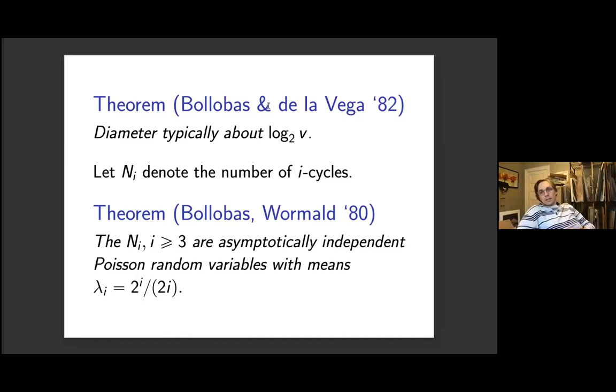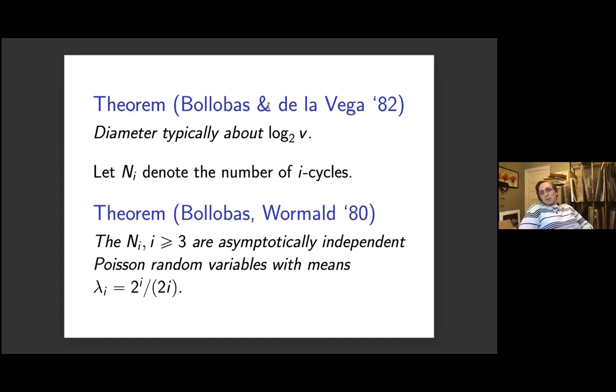You can ask, as I increase the number of vertices, does the number of triangles increase to infinity or does it decrease to 0? And actually, neither of those answers is correct. It has some limiting expectation. When the number of vertices is very large, you get some finite expected number of triangles in your graph.